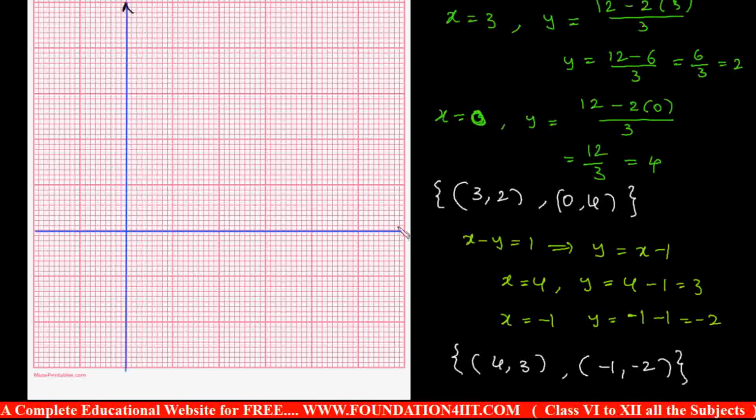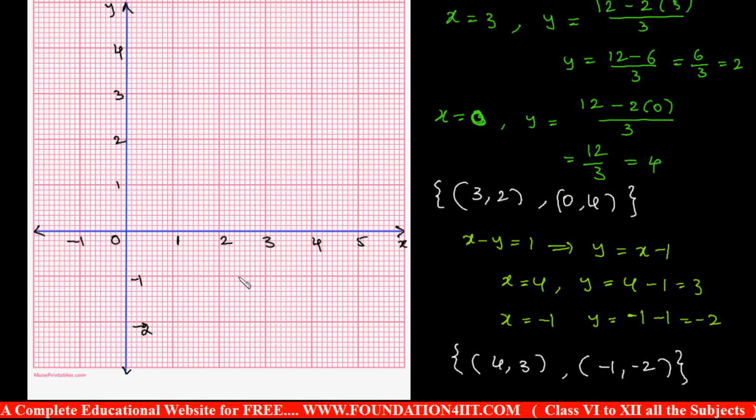The maximum is 4 in positive values, and negative is minus 2. So this is 0, 1, 2, 3, 4, 5, and so on. The y values are also 1, 2, 3, 4, 5, and so on. Down is minus 1, minus 2.